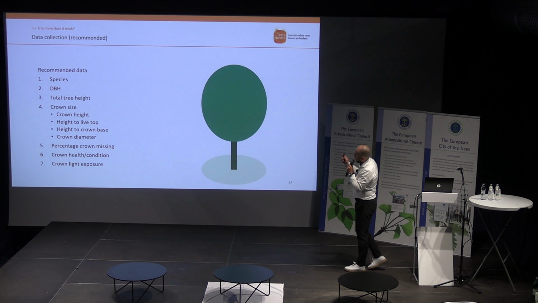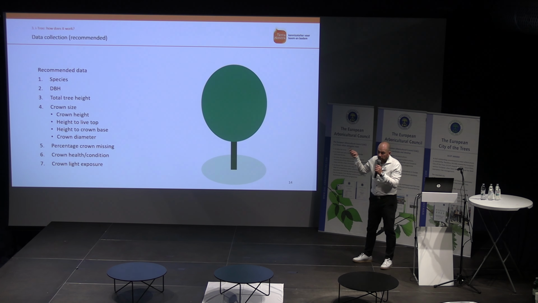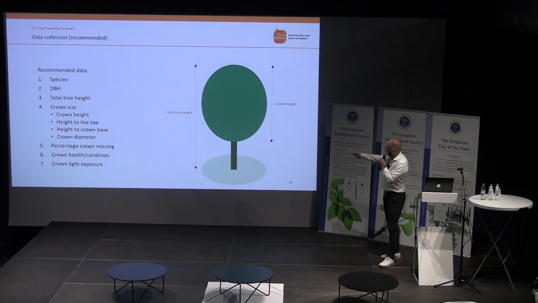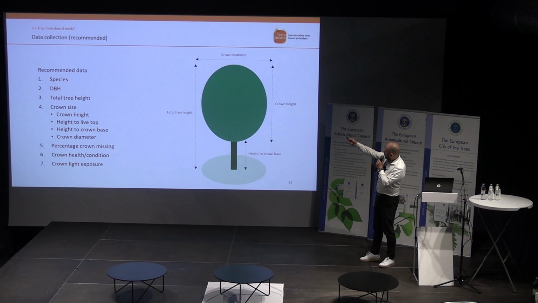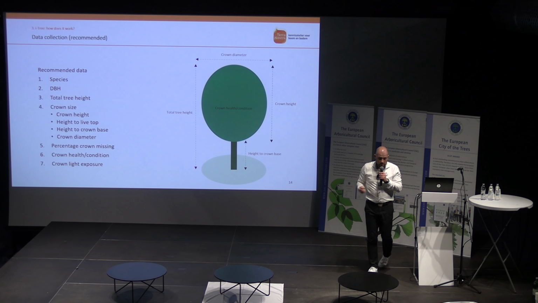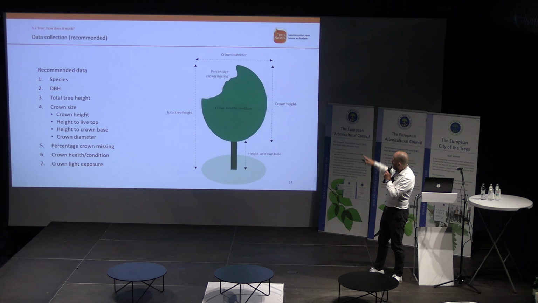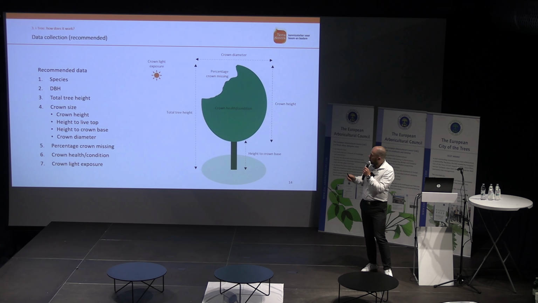And that information that i3 recommends to have is not only the species and the DBH, but also the total height, the crown height, the height of the crown base, the crown diameter, health and condition of the tree, which is of course important, the percentage crown missing, and last but not least, crown light exposure.